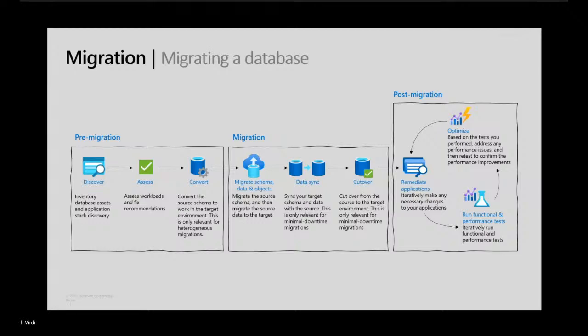If there are any databases which we figure out are hard to migrate because of maybe older version or no supportability or things like that, then we can possibly assess those workloads, and fix for any recommendations. The assessment might go a level deeper to find out what are the issues and then mitigate those issues or any blockers for the migration. And essentially after that, we look at converting your source schema to the target platform.